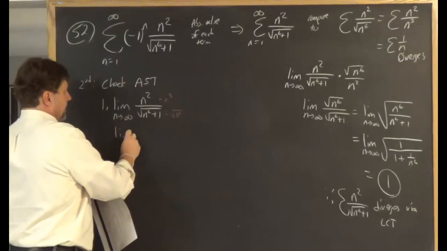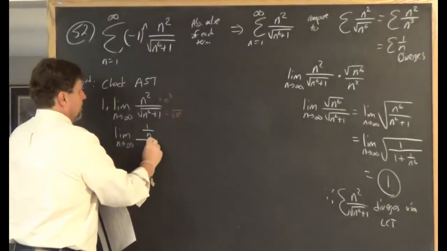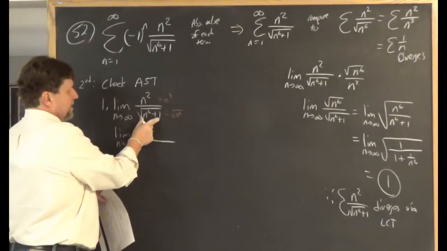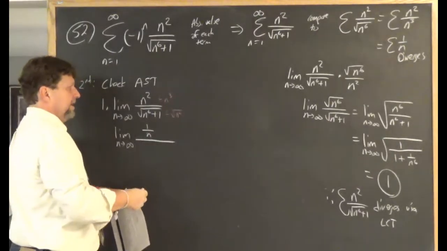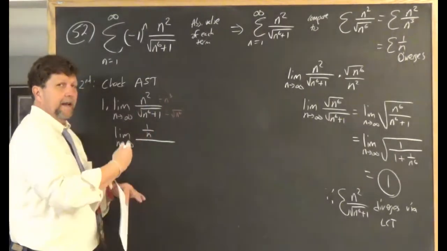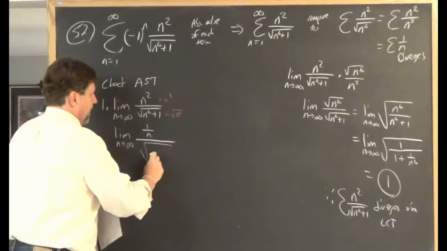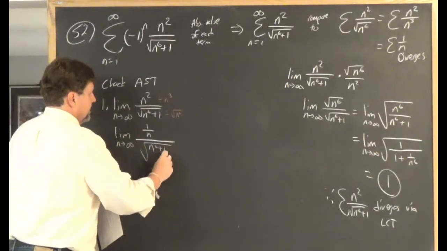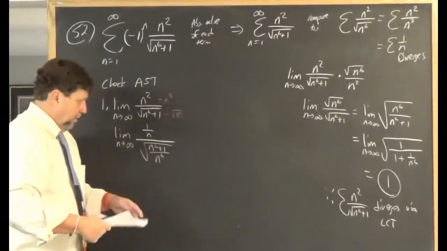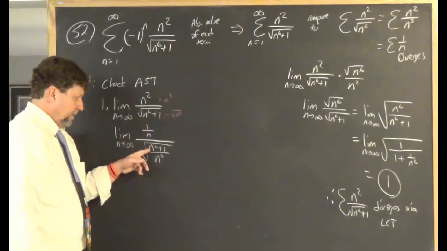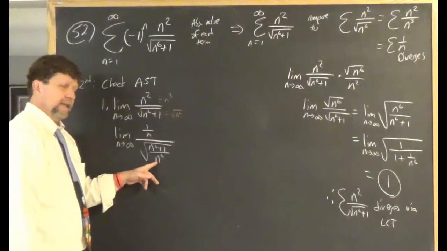So that gives me the limit as n goes to infinity of 1 over n. When I divide by the square root of n to the 6th, I'd have a radical over a radical. I'm going to skip that step and just write it as one big radical with the fraction n to the 6 plus 1 over n to the 6th, which you can write as 1 plus 1 over n to the 6th.